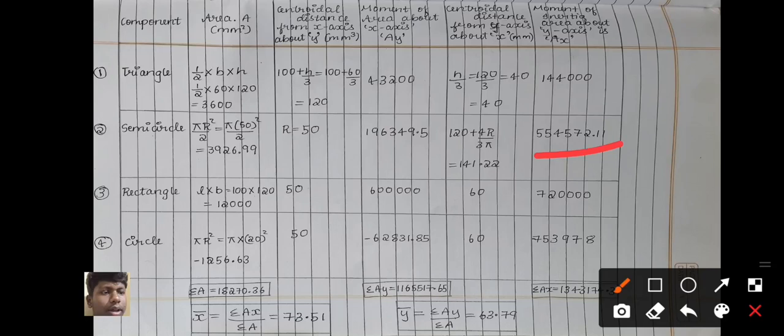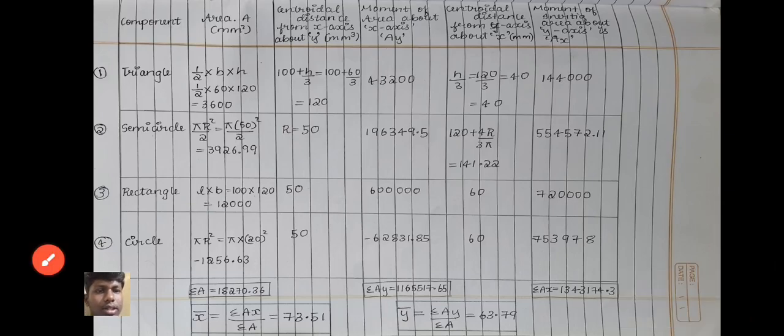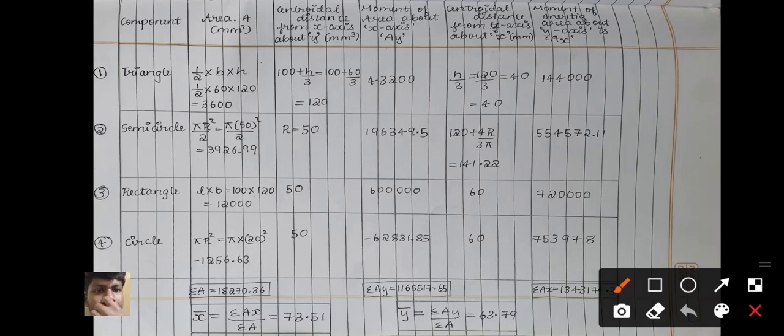554572.11. Well, coming to the next component, the rectangle. The area for a rectangle will be length into breadth, that is 100 into 120. So the final answer will be 12,000.